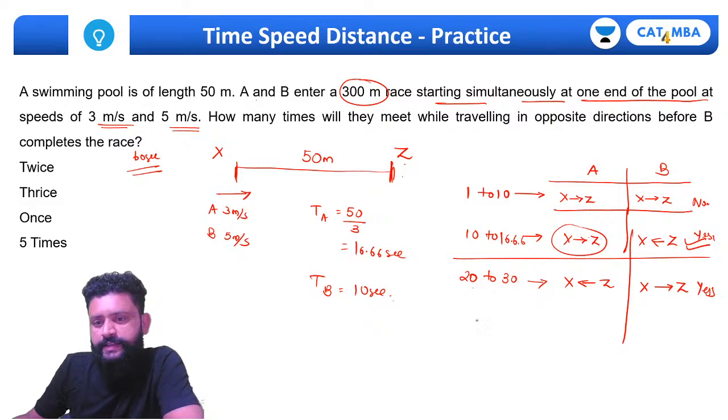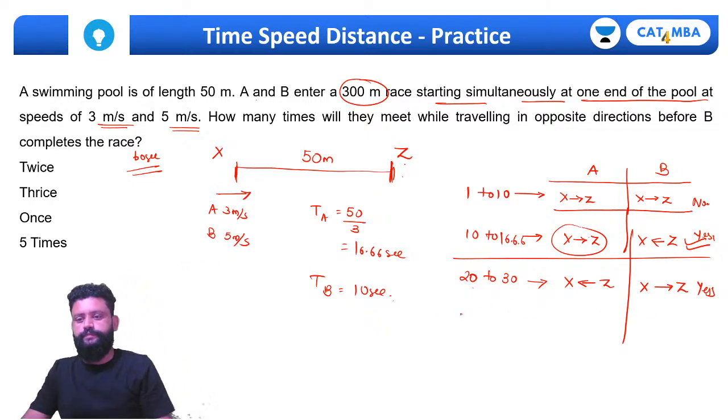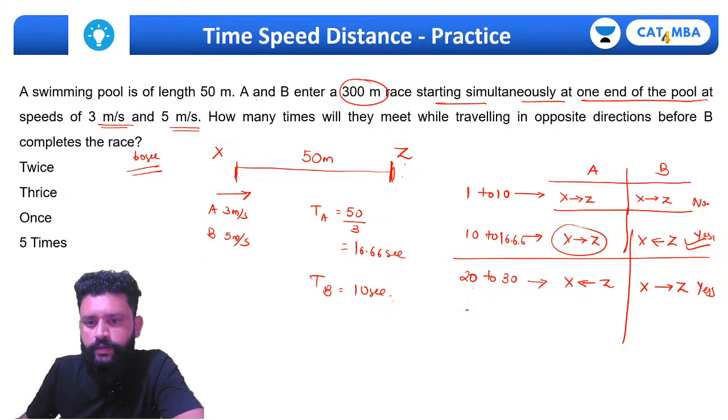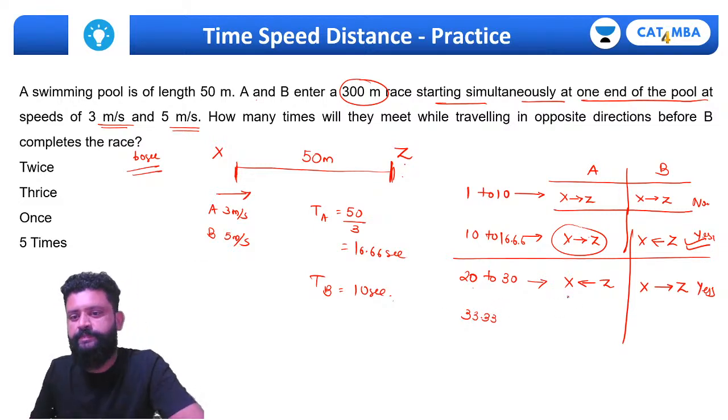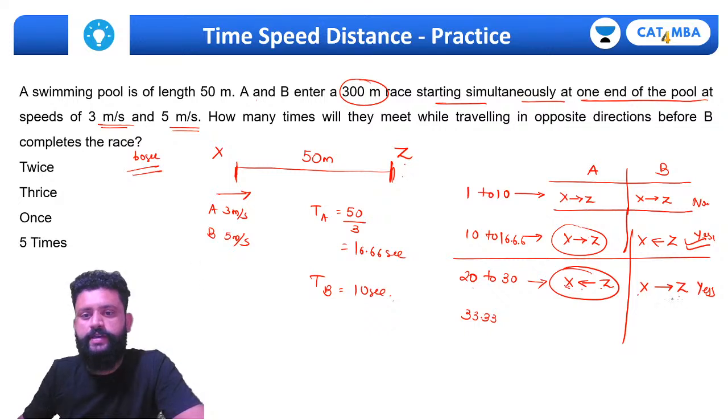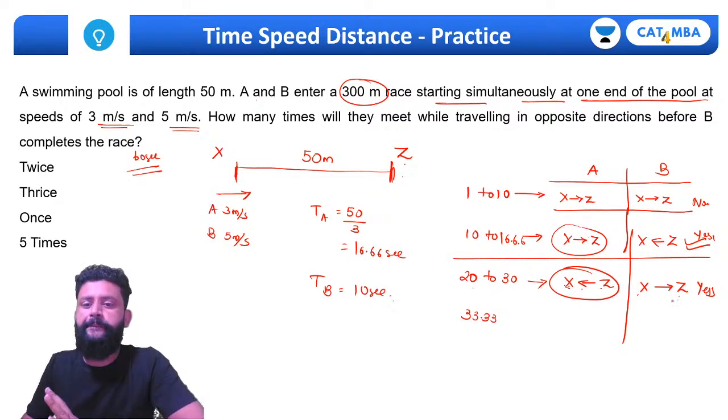So after that this part, 33.33 seconds, यहाँ पे x to z गया, z to x गया, यहाँ पे x to z गया, तो यहाँ पे एक बार हुआ.